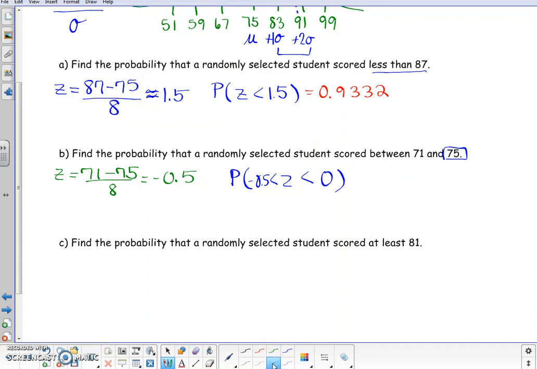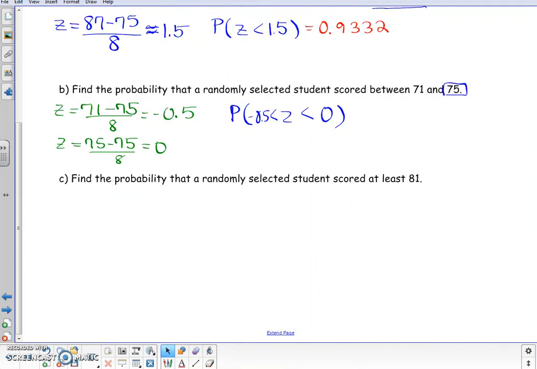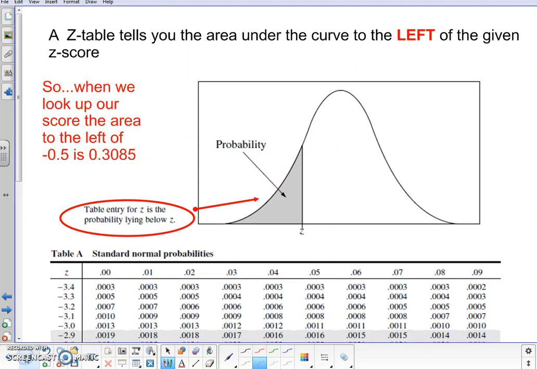Or you could substitute here. 75 minus 75 over 8 is 0. It's kind of silly to do that, but we could. So the probability to the left of the mean is 50%, okay, or 0.5. So we take 0.5 minus the probability that z is less than negative 0.5, okay?